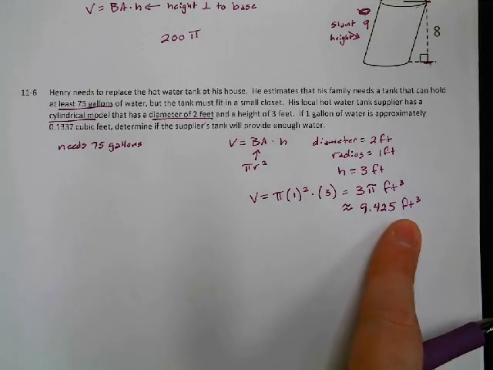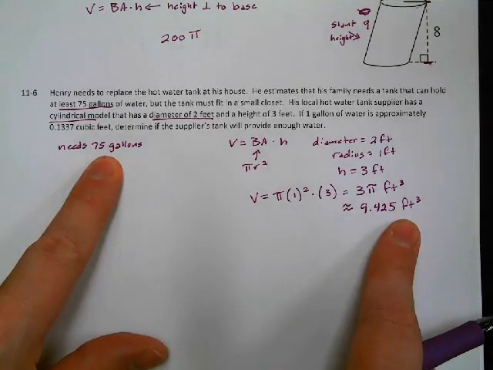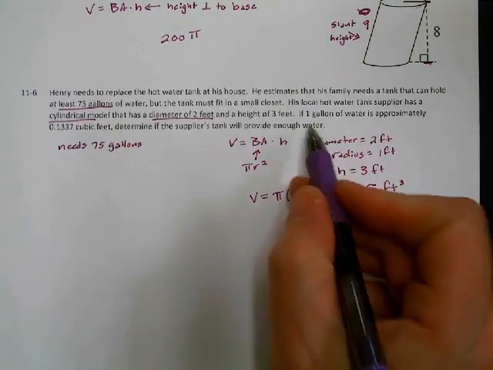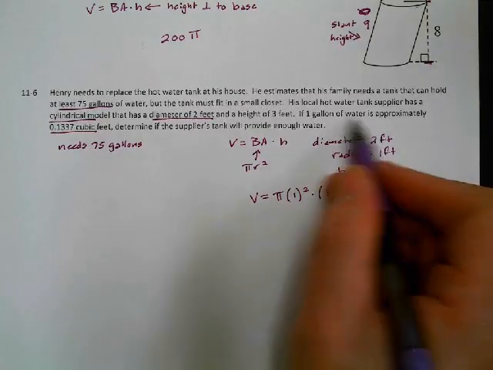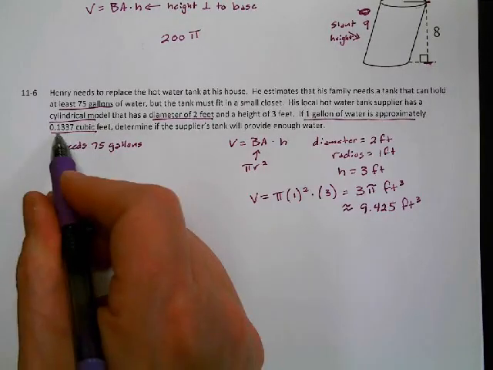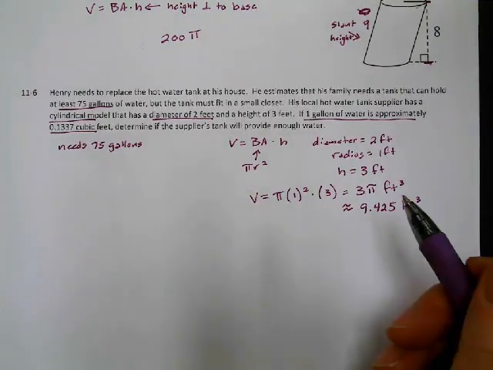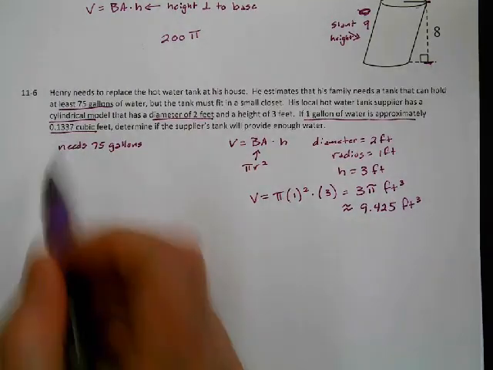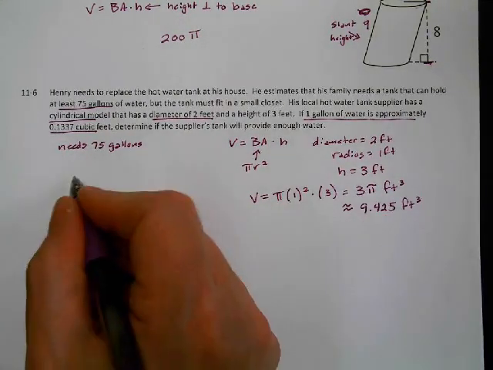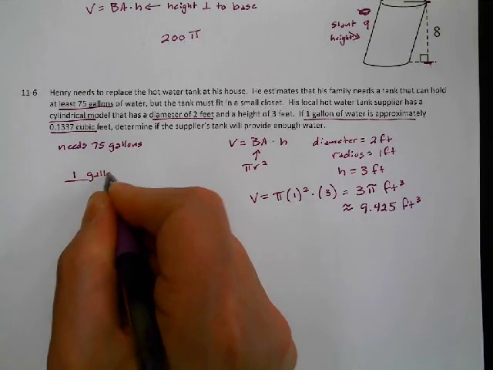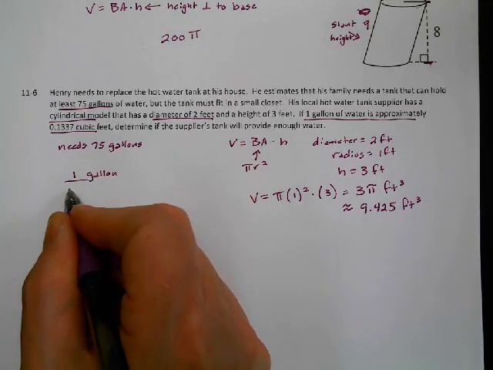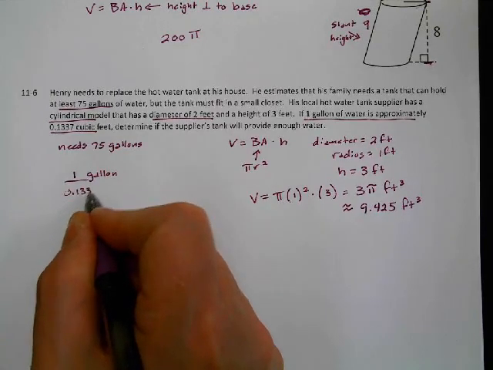If 1 gallon of water is approximately, oh, here we go. 1 gallon is 0.1337 cubic feet. That's elite. So I know that 1 gallon is the same as 0.1337 cubic feet, so that's feet cubed. All right, so I have to do a conversion here.